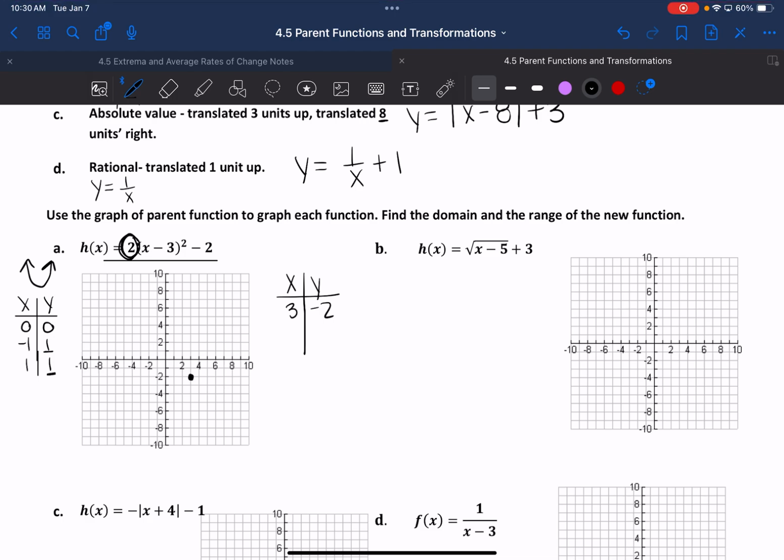Okay, well, I also, to get from 0 to 3, what did we do? Added, okay? All right, so then -1 plus 3 would be 2, right? Okay, so then this becomes a 2. How did I get from 0 to -2?